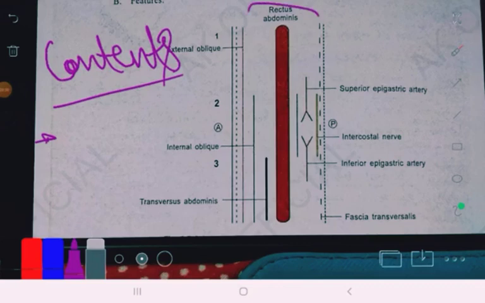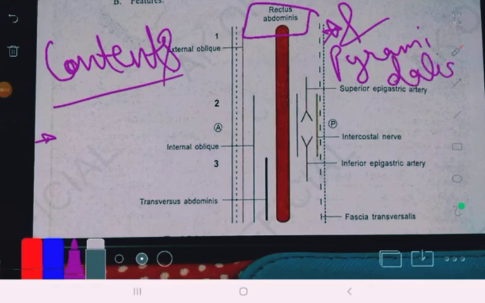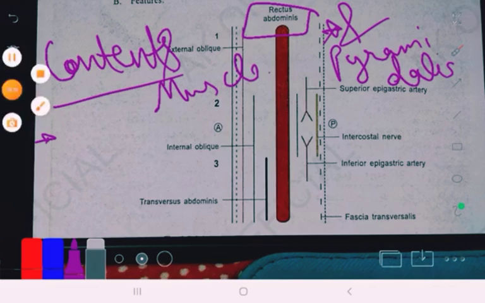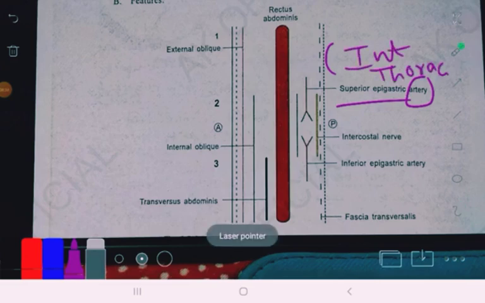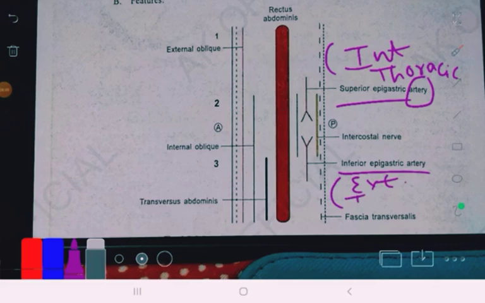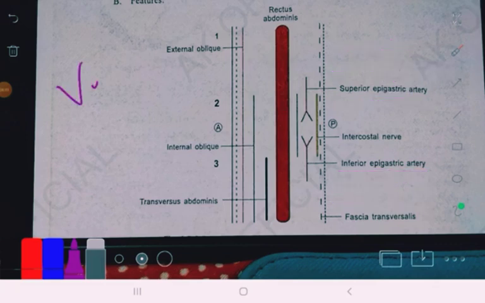Now the contents. The muscles present in the rectus sheath are rectus abdominis and pyramidalis muscle. Now the arteries are superior epigastric artery, branch of internal thoracic artery, and inferior epigastric artery, branch of external iliac artery.